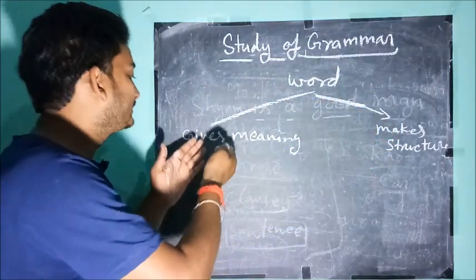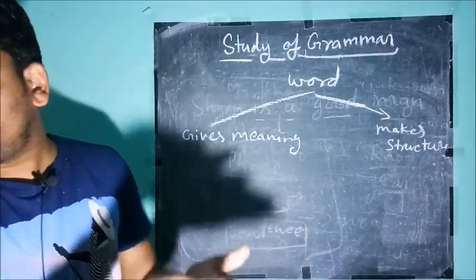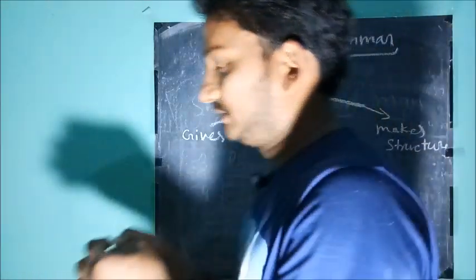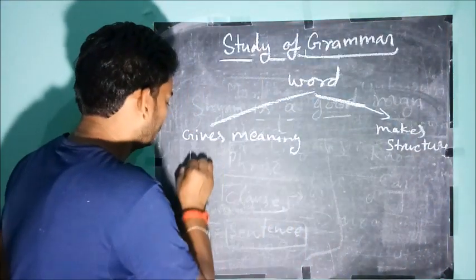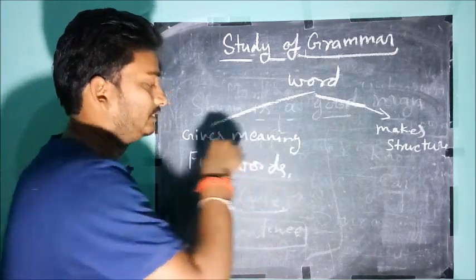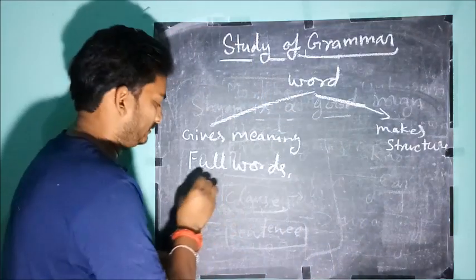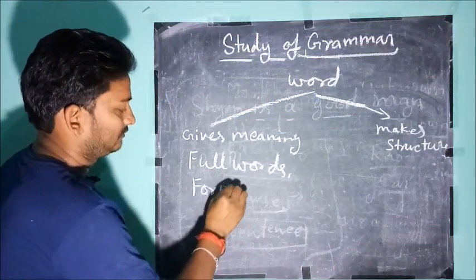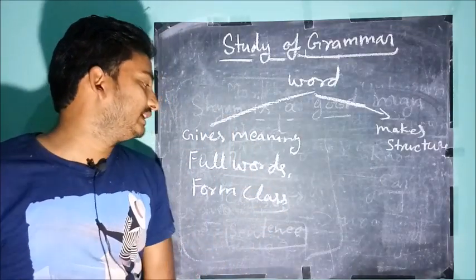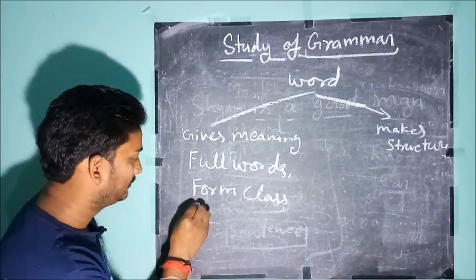First of all, we will discuss what names are given for these meaning-giving words. Meaning-giving words are known as, first of all, full words. The second name is form class. After form class, the other name is content words.